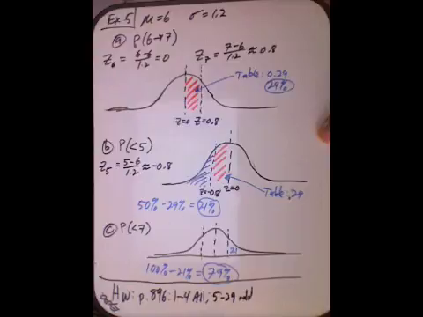In example 5, we're told that the average response time for an emergency EMT team to an accident site is 6 minutes, with a standard deviation of 1.2 minutes. And they ask us different questions. First of all, what's the probability of a team arriving between 6 and 7 minutes? Well, just like before, we want to find z-values for both ends of that range.